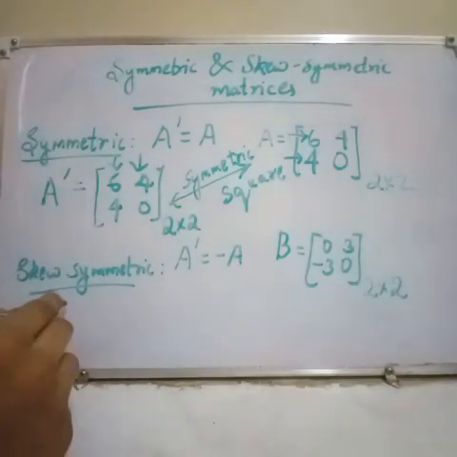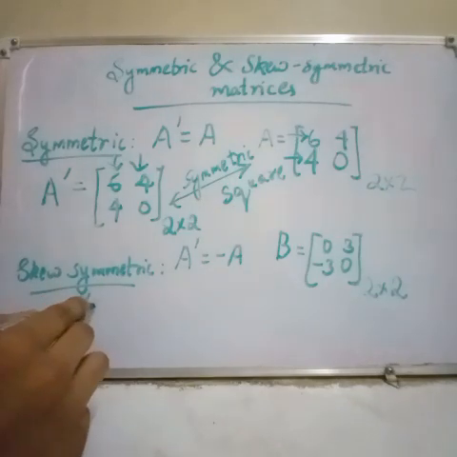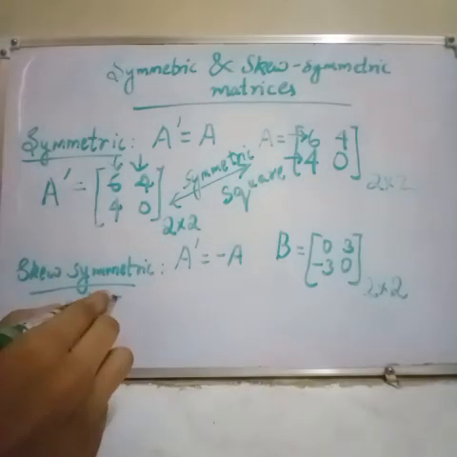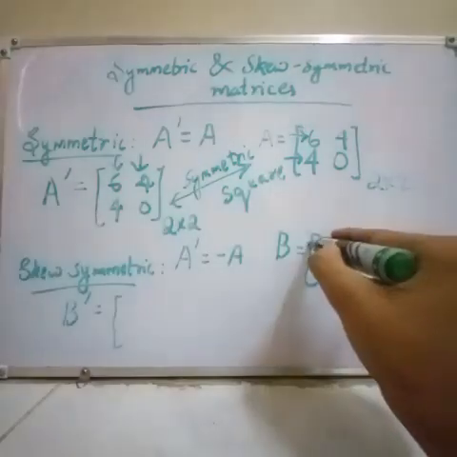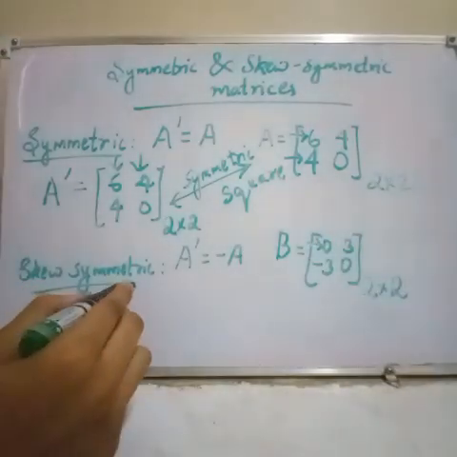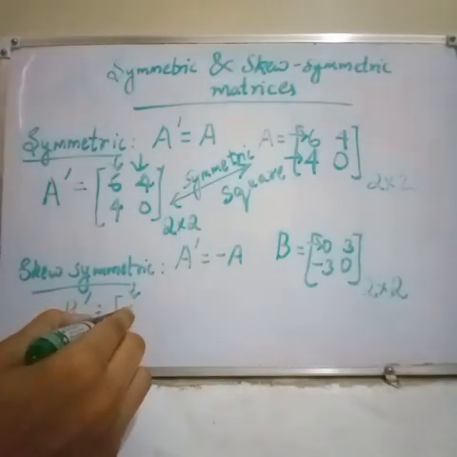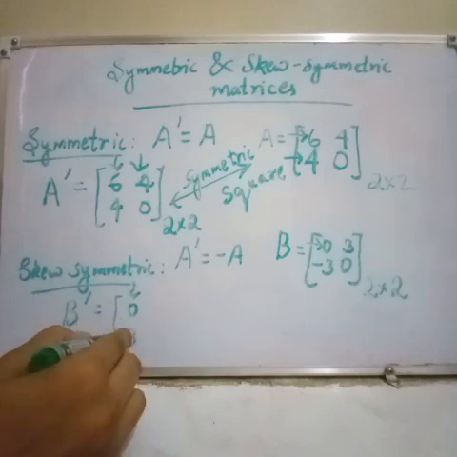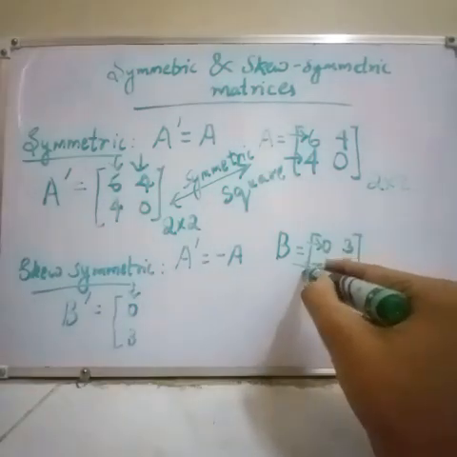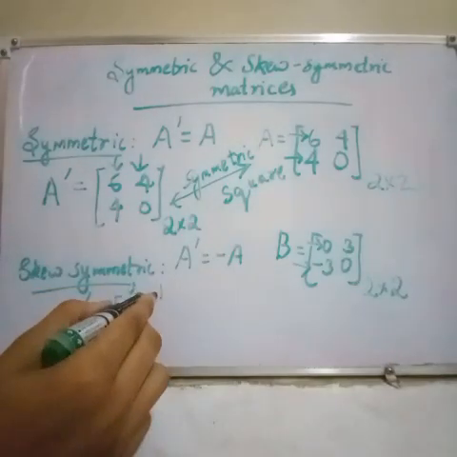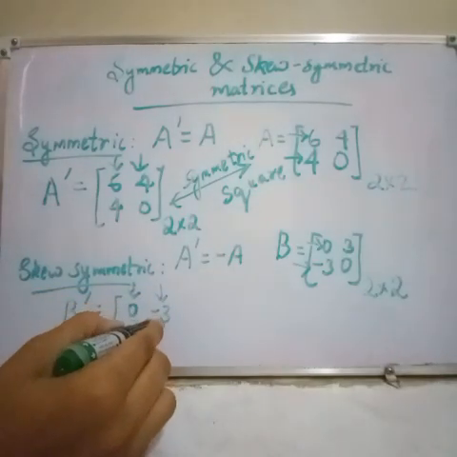Now let's check B transpose or B dash. The first row becomes the first column, so 0 and 3, and now the second row becomes the second column, minus 3 and 0.